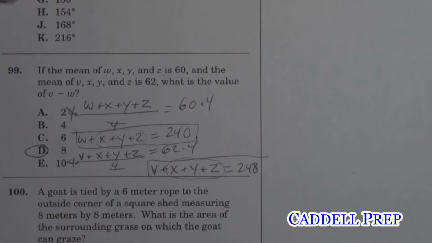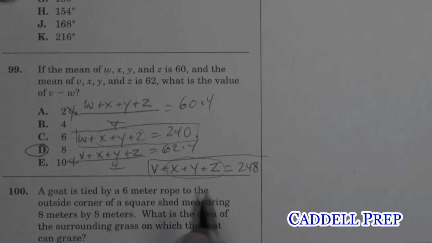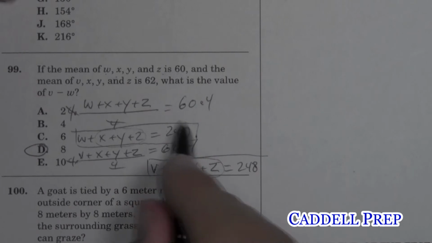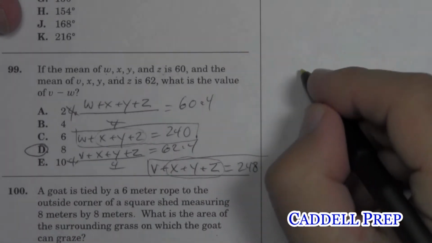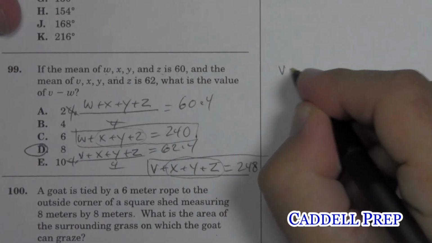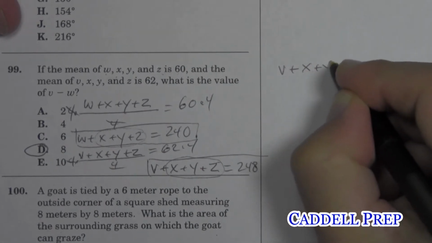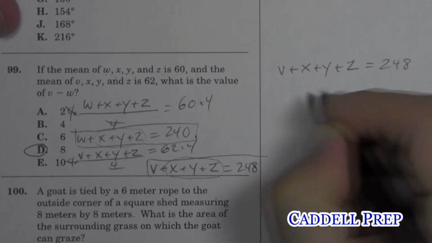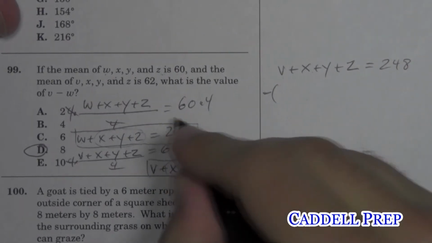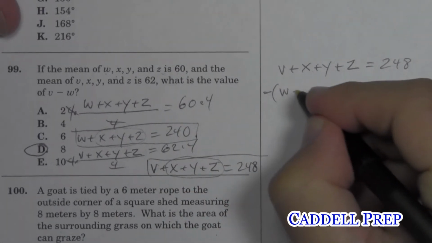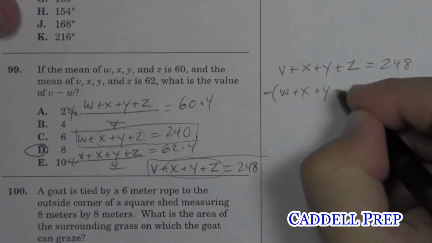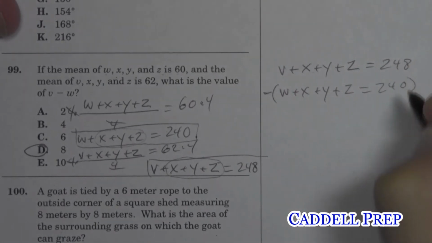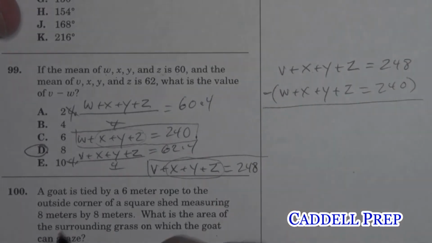But we could also show that algebraically. We can take this entire equation and subtract this equation from it. So if we had v plus x plus y plus z equals 248, we subtracted the entire equation w plus x plus y plus z equals 240, we should get the same result.